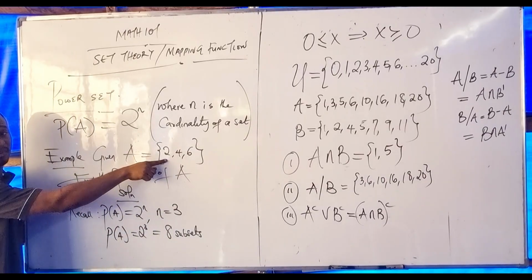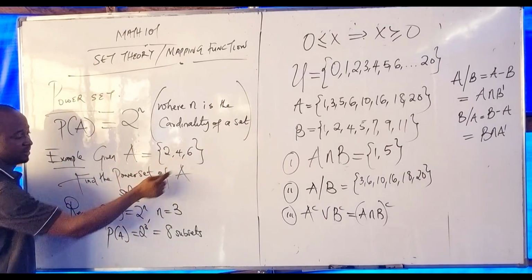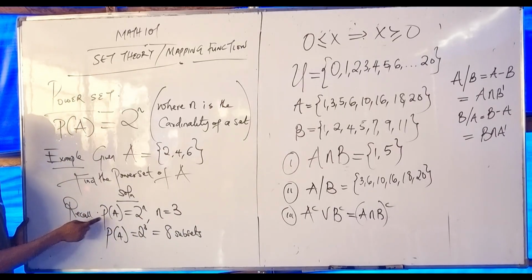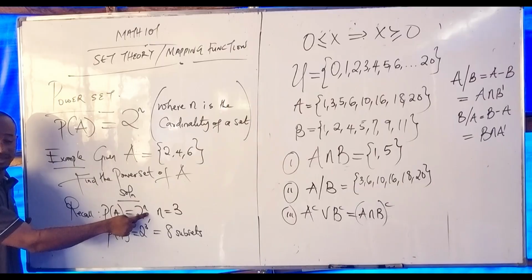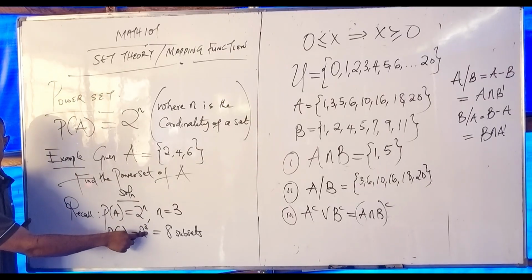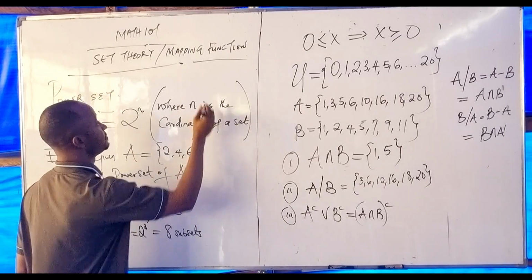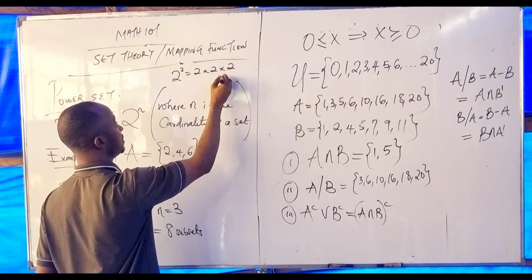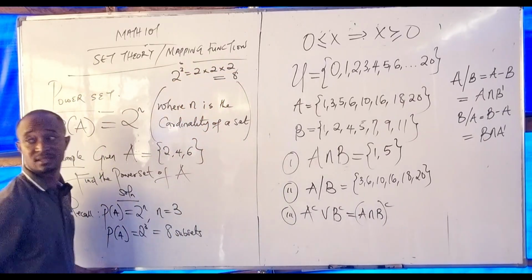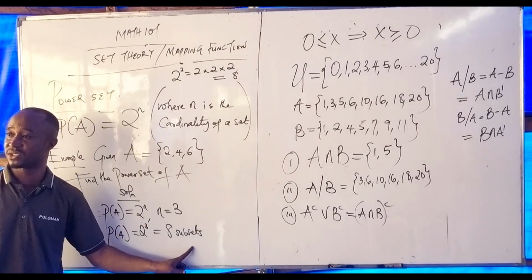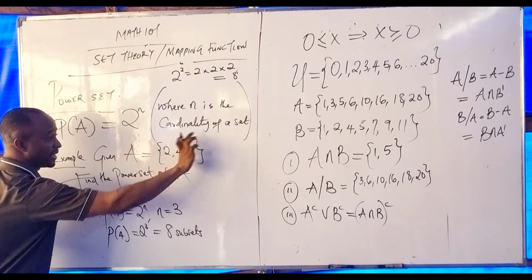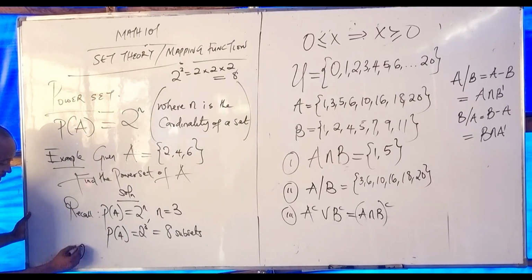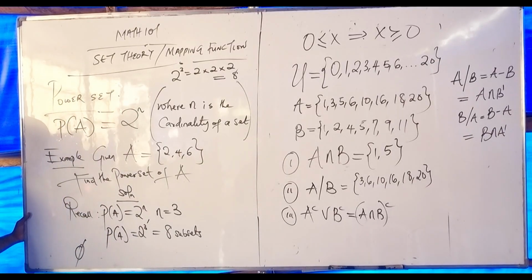Here we have 1, 2, 3, so my N is 3. P of A equals 2 raised to the power 3, which simply means 2 times 2 times 2, which is 8. So I have 8 subsets. Set A contains 8 subsets, and the first subset is an empty set.